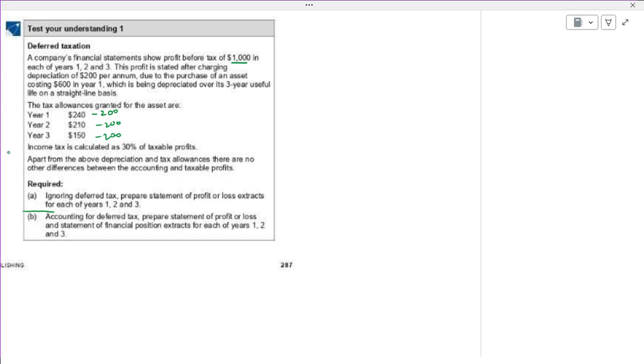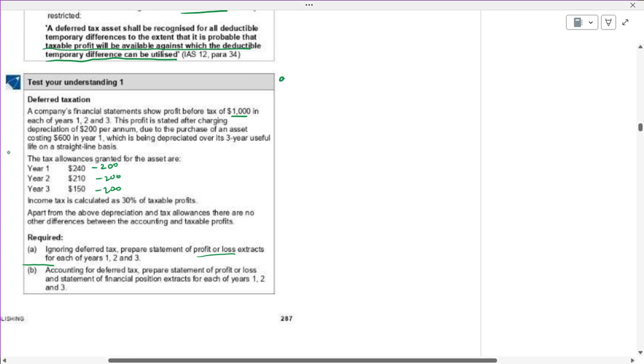How much exemption are they giving us? Tax allowance is 240. Then we will calculate what the taxable profits are. Fine. Ignore deferred tax and prepare the profit and loss extract.